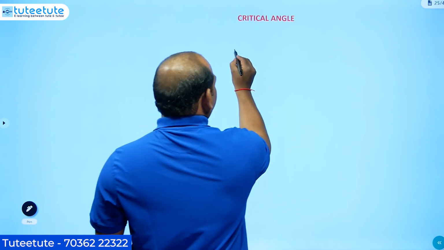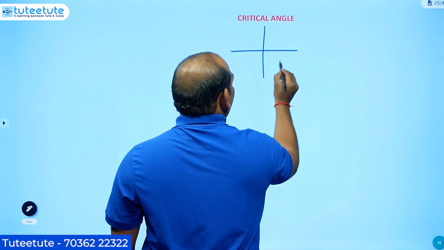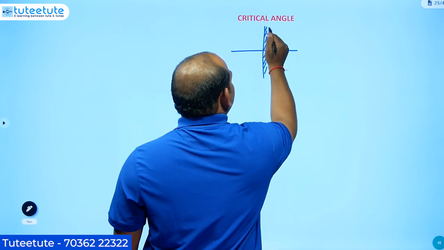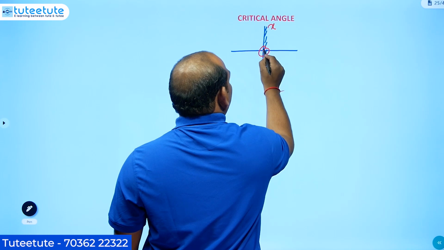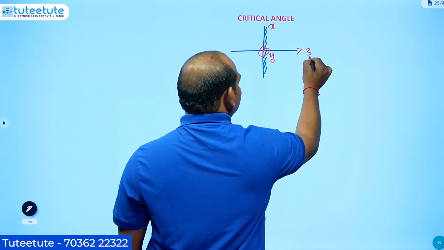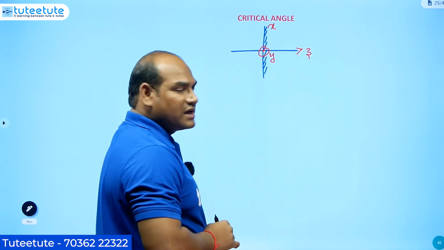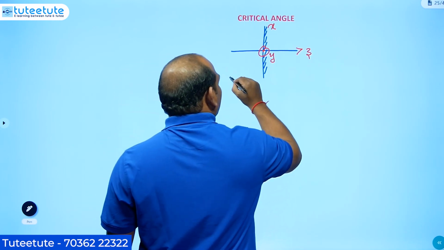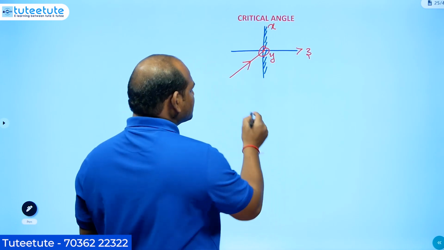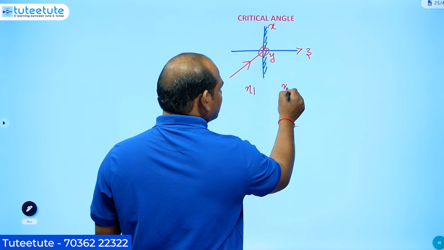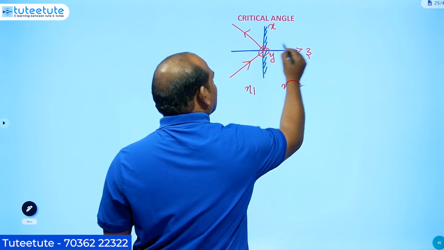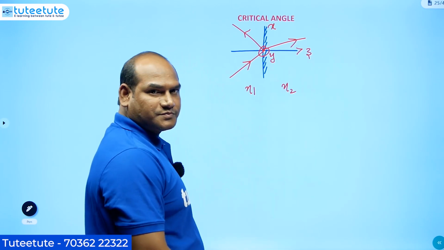For example, this is the interface. I am taking the interface as the XY plane, similar to our previous videos, and the z-axis is the normal to the interface. Obliquely I have incident one electromagnetic wave. Because of the impedance mismatch eta1, eta2, a reflected wave is possible and a transmitted wave is possible.